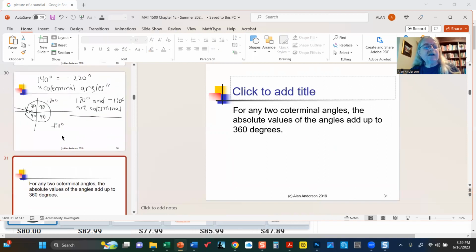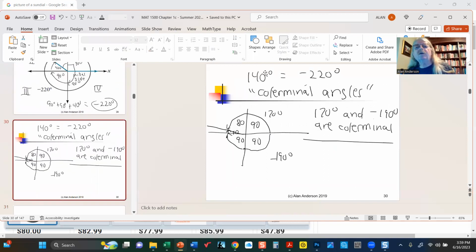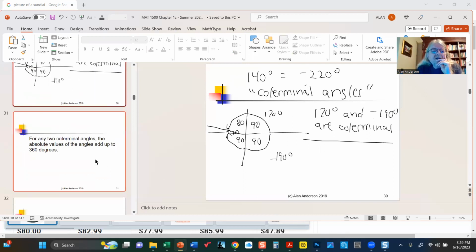So let's go back and double check that. Here, for example, 140 and negative 220 are coterminal. If you forget about that negative sign, 140 plus 220 is 360. And you'll see the same thing is true here for 170 and negative 190. Without the negative sign, they do in fact add up to 360, so they must be coterminal. Because they're coming at the same point from two different directions, and both of them then represent two parts of a circle. Okay, so you got that out of the way.